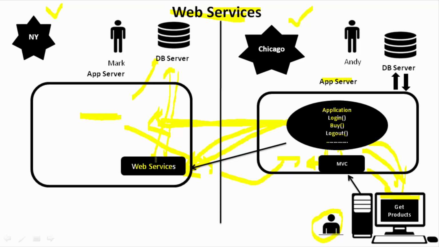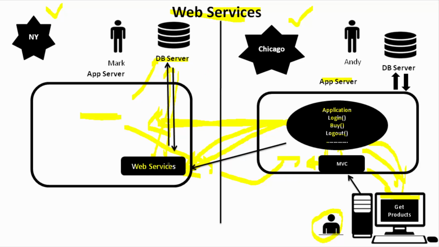Now the get products piece of code will be executed on Mark's app server, not on Andy's server, and as it is executing, if required, it will make a call to this database server, and the database server will send the response back with all the products.